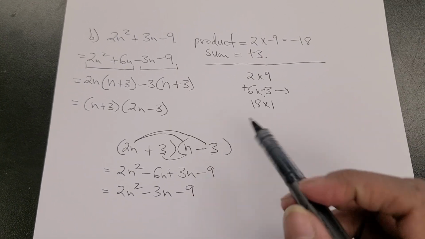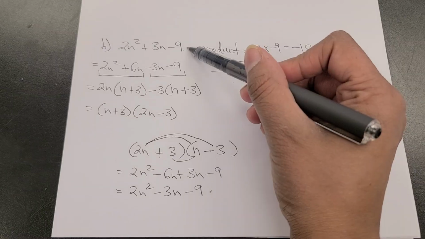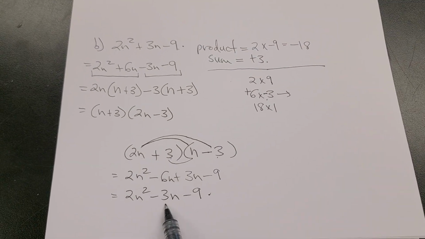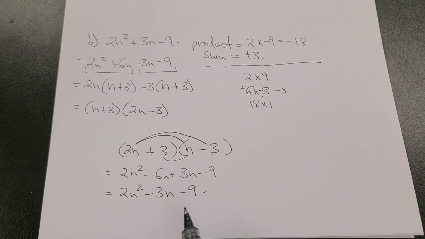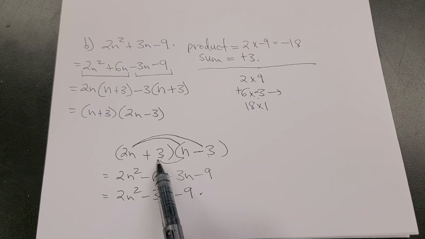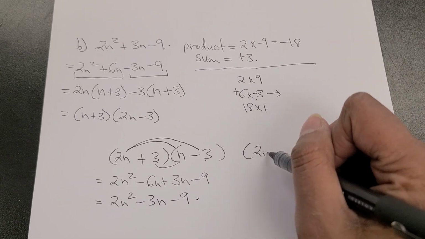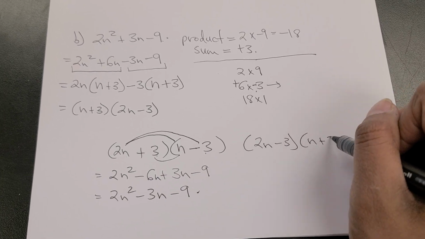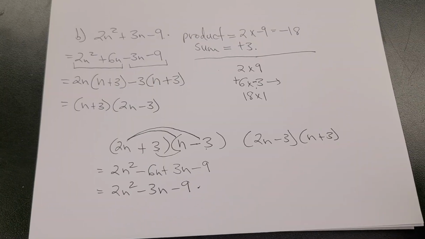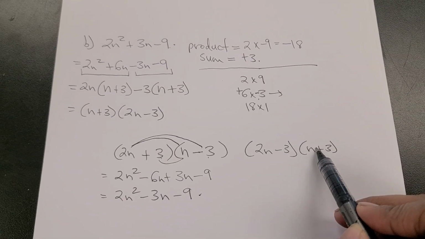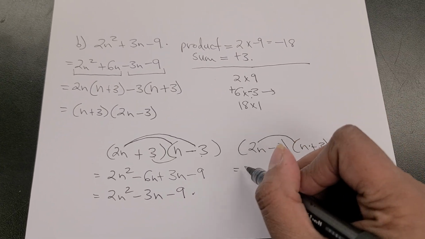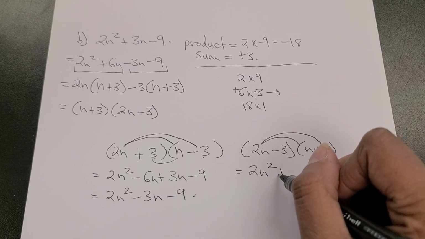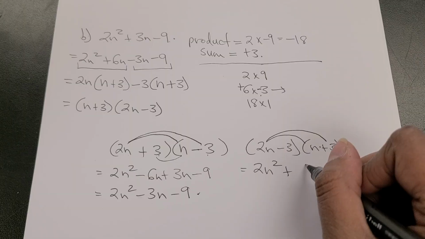Do you see that? Now, if you compare this to my original expression for the trinomial, they're not the same. Here, the 3 is negative, so I know that these signs are not correct. I can just switch the signs now. I'll do 2n minus 3 and n plus 3. And then again, if I open up the brackets, 2n times n, 2n squared. 2n times 3, this is positive 6n.